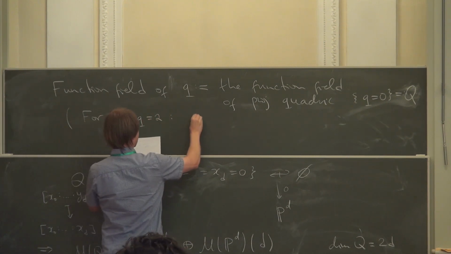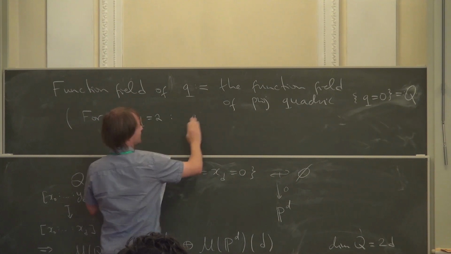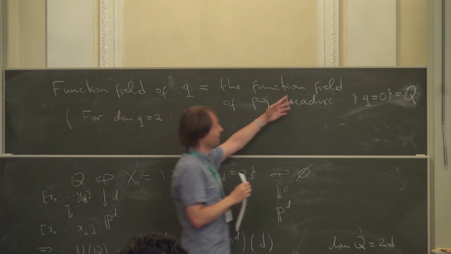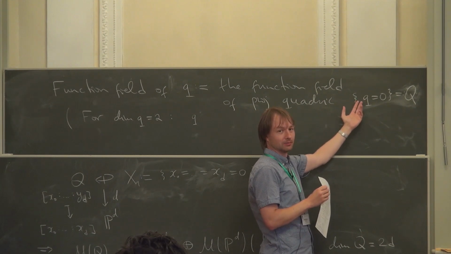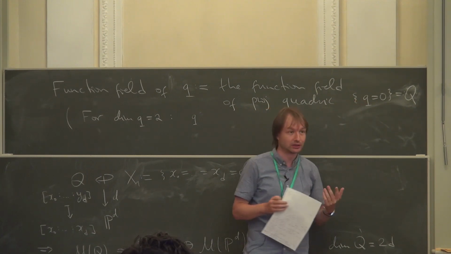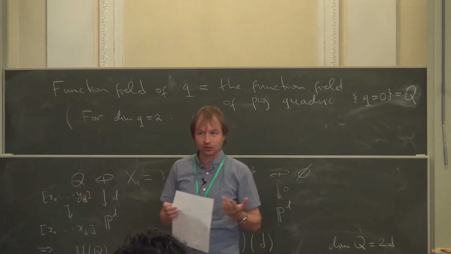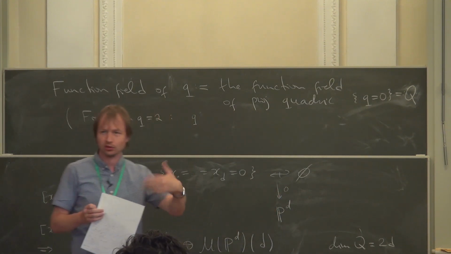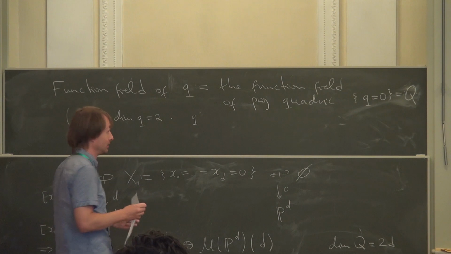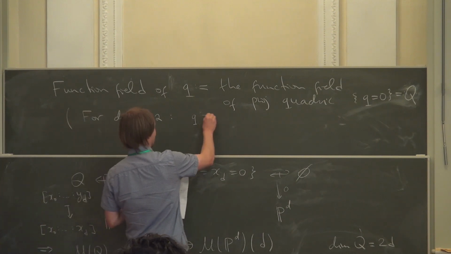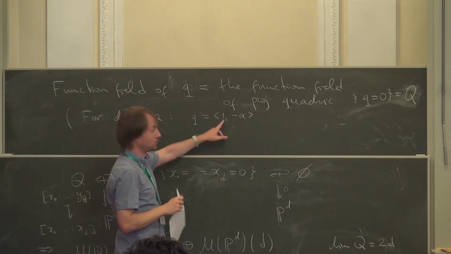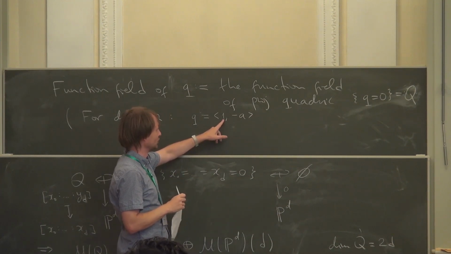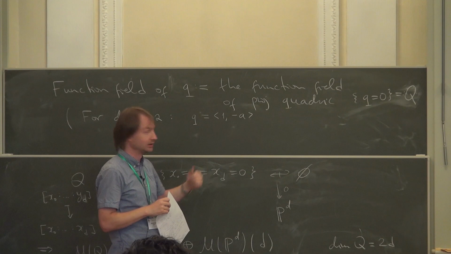Actually, in general, the function field does not depend on the scalar. If you take a proportional quadratic form, the function field will be the same. So we can always normalize a quadratic form as we wish. Therefore, we can take the following binary quadratic form, with coefficients 1 and minus a in the diagonalization.